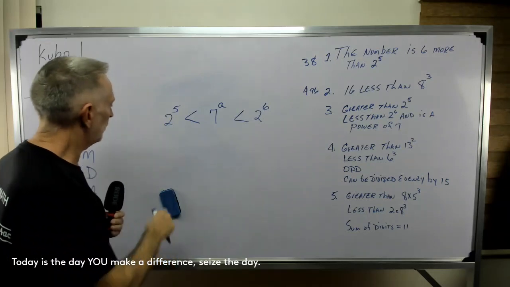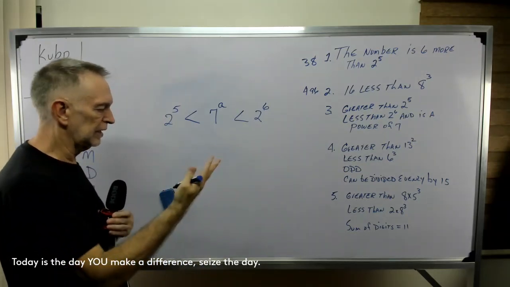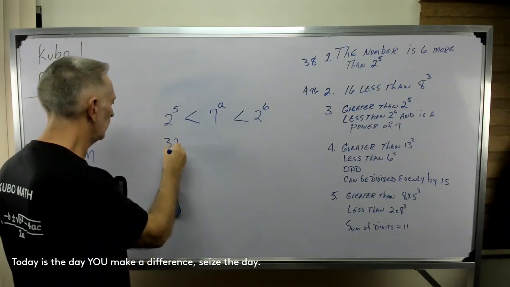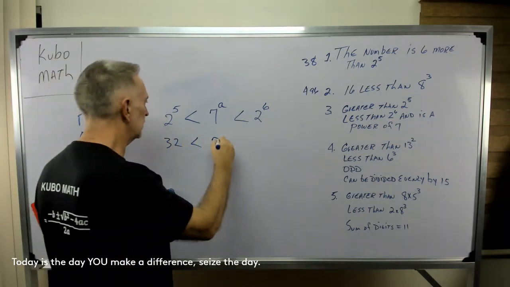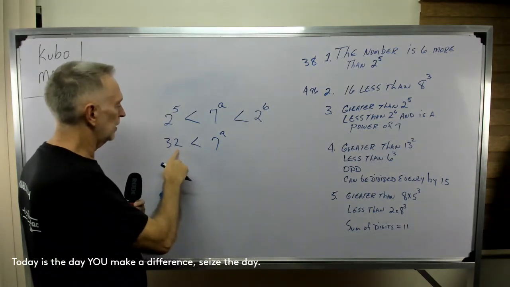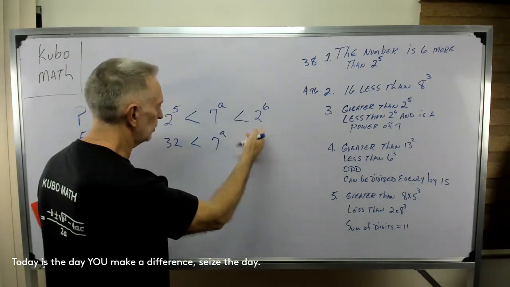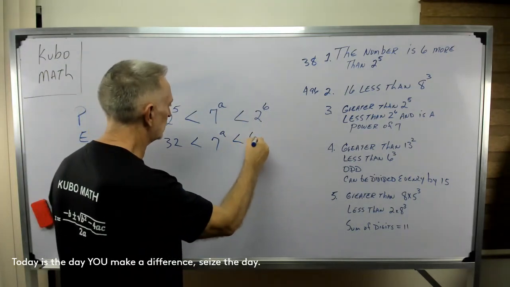Okay, 2 to the 5th. 2 times 2 is 4, times 2 is 8, times 2 is 16, times 2 is 32, and that's less than 7 to the A. So if 2 to the 5th is 32, times 2 would be 2 to the 6th, which would be 64.